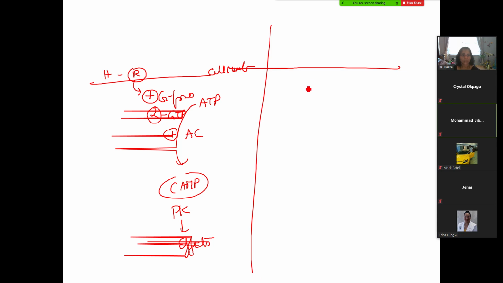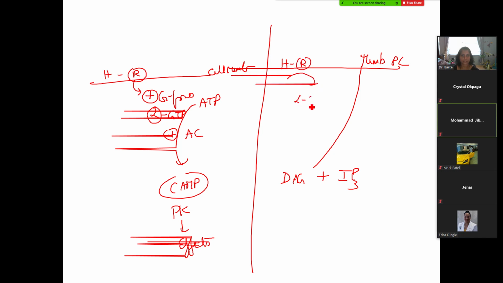For the other second messenger, IP3, we need IP3 and DAG. So where are they derived from? These are the byproducts of membrane phospholipids. Therefore, hormone binds to receptor. The same thing, it activates alpha-GTP. But now here the alpha-GTP has to generate DAG, right?